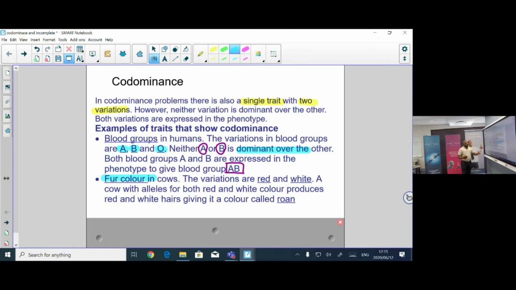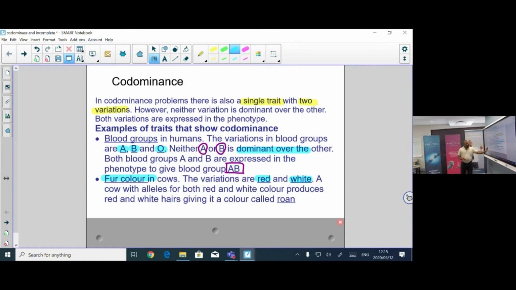That's trait 1. Then the variations can be either red or white. So in this case, the hair color is not dominant over each other, red and white.